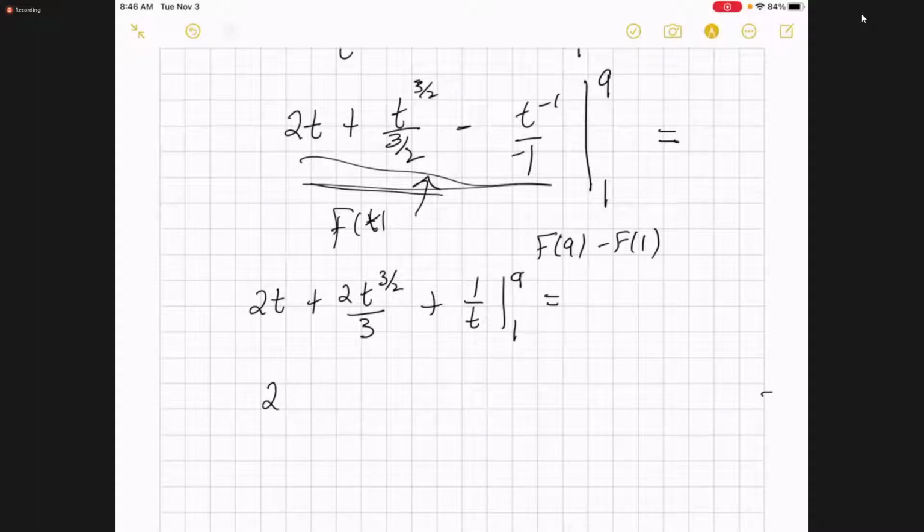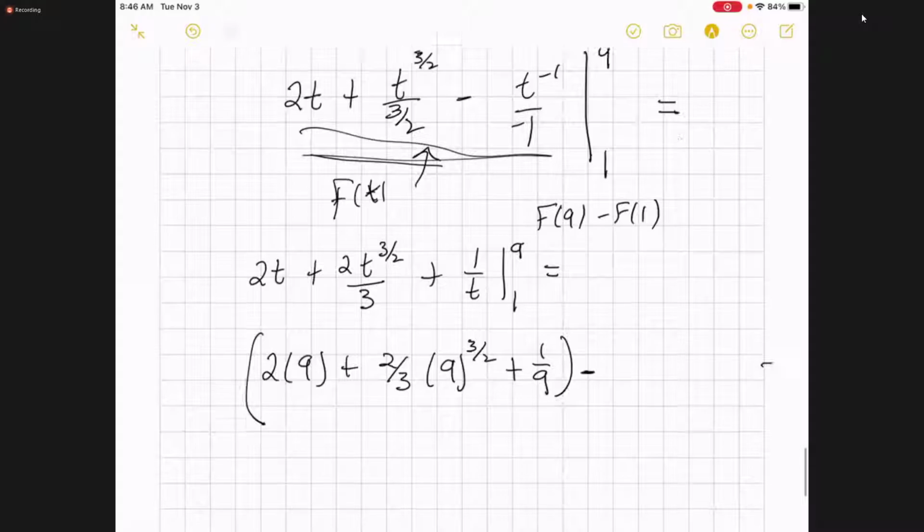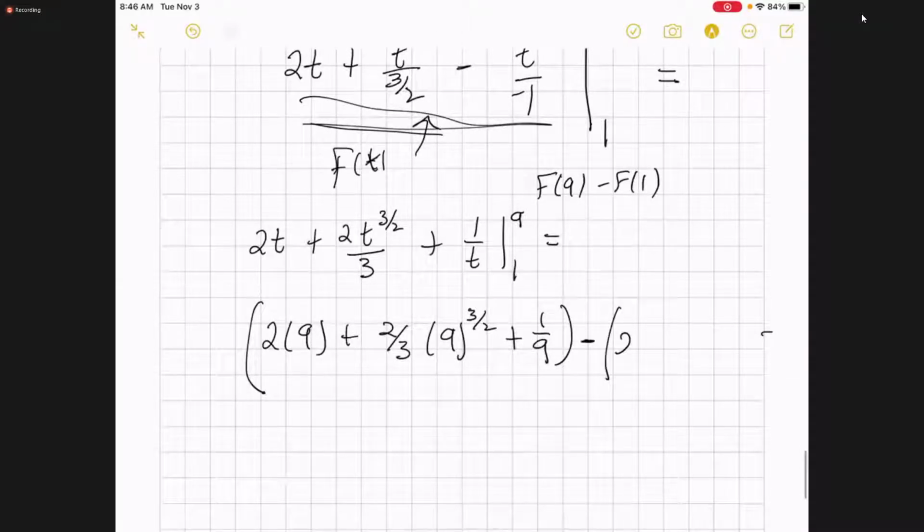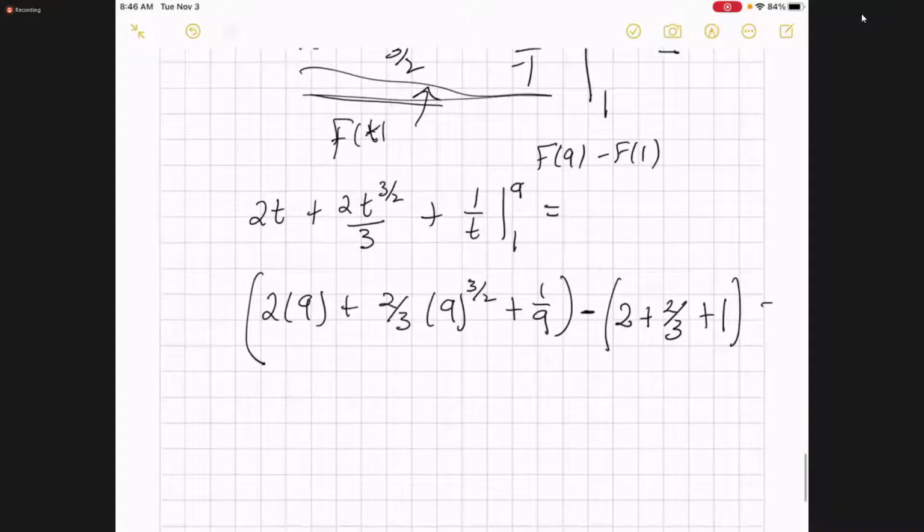So I'm going to have 2 times 9 plus 2/3 times 9 to the 3/2 plus 1 over 9, and then minus 2 times 1, plus 2/3 because I put in 1 for t, plus 1. Ugh, arithmetic. Actually, this is the answer right here. That's a number. It's okay with me if you stop there.